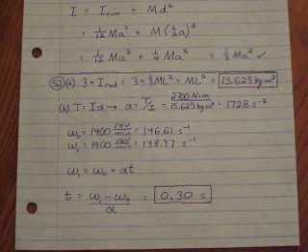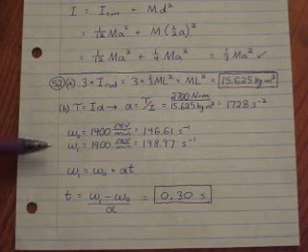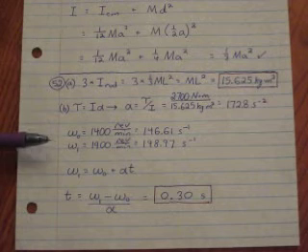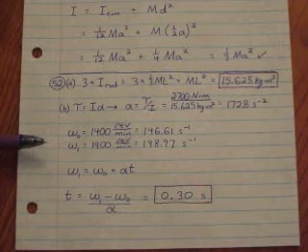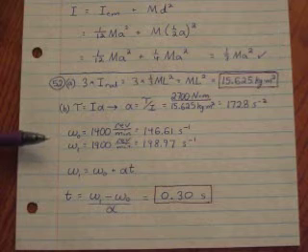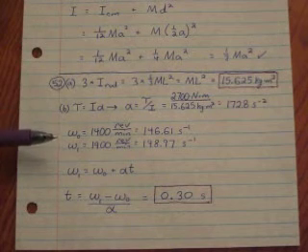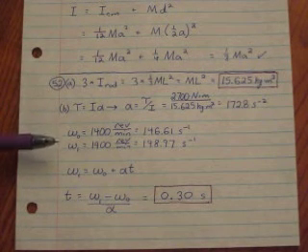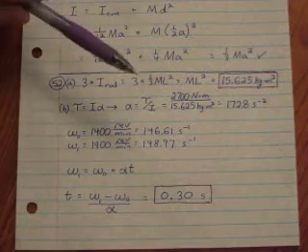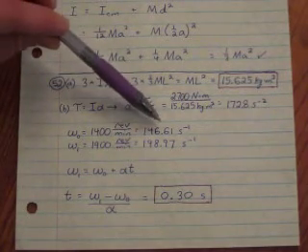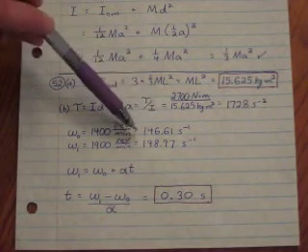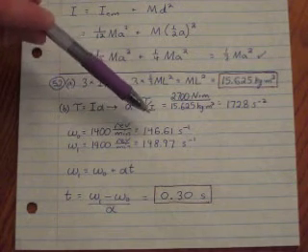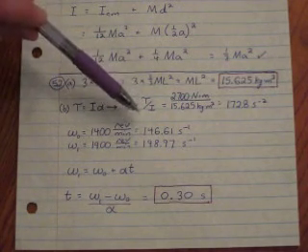We also need to have omega naught and omega 1, the initial and final rotational velocity. 1400 revolutions per minute and 1900 revolutions per minute, you need to convert those to radians per second, and you should get 146.61 and 198.97 for the initial and the final.